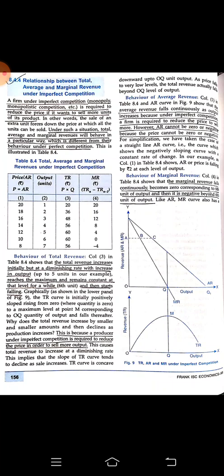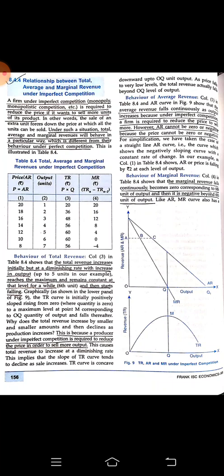Under such a situation, total, average and marginal revenue will behave in a particular way, which is different from their behavior under perfect competition. Behavior of total revenue under column 3, we need to watch it. In table 8.4, the total revenue increases initially but at a diminishing rate with increase in output, reaches the maximum and remains constant at that level for a while and then starts falling.